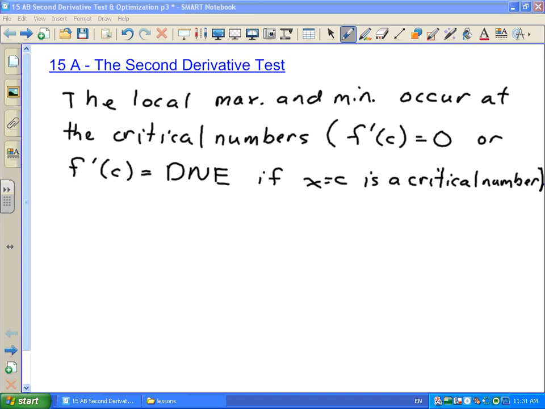So this was this whole thing about finding local max or local min. We take our derivative, set it equal to 0, and solve for x, and those x values are our critical numbers.